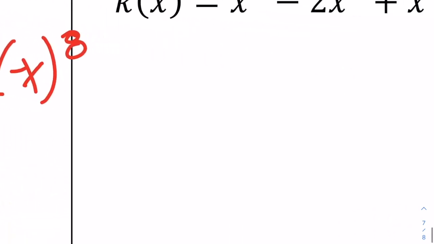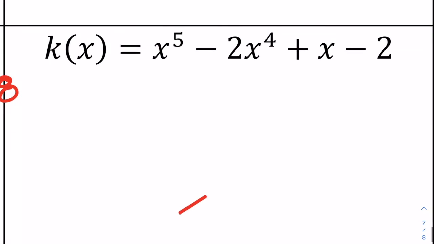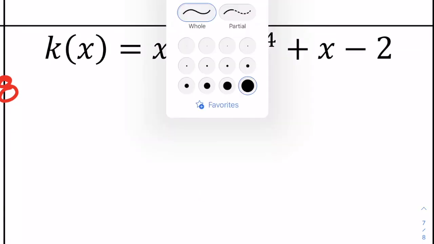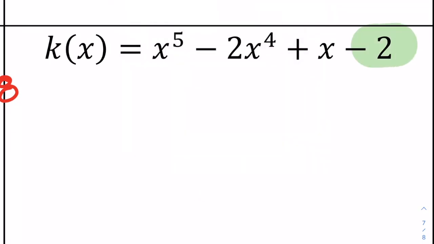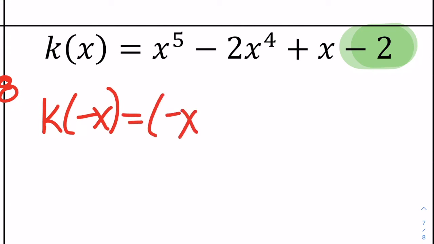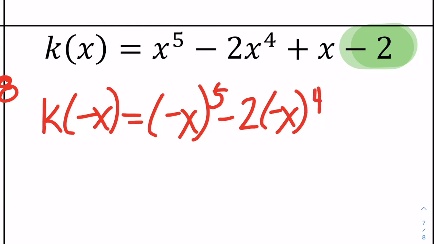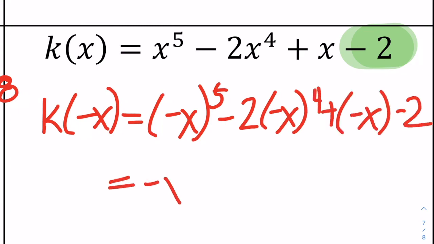Now let's move on to k of x. For this one, you can kind of notice there's some telltale signs. We have a constant over here, right? So as soon as we know that things are starting to change, we know that it'll be neither, because this doesn't change. So if I plug in a negative x, this will be negative x to the fifth minus 2 times negative x to the fourth plus negative x minus 2. To simplify, the evens become positive.